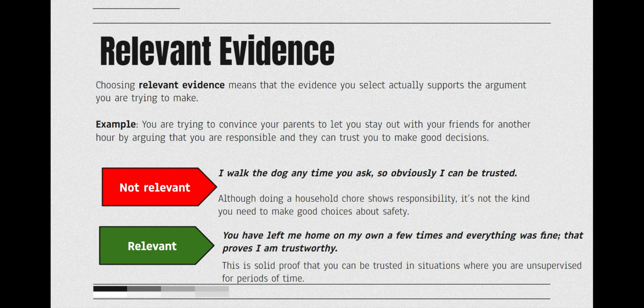A more relevant piece of evidence to support that argument would be, you've left me home on my own a few times and everything was fine. That proves I'm trustworthy. Since your parents would be able to validate this, they would probably assume that this is solid evidence that you can be trusted in situations where you're unsupervised for longer periods of time.